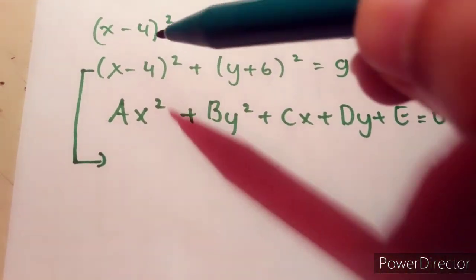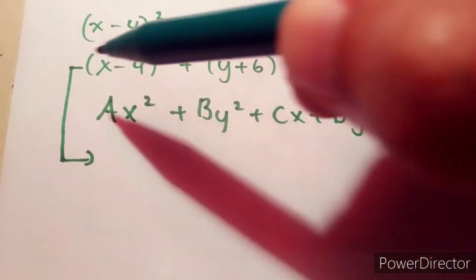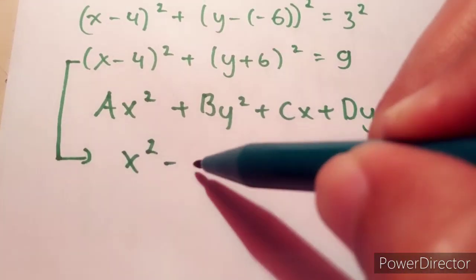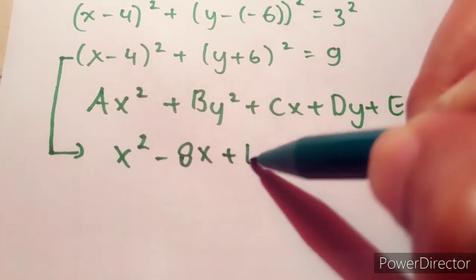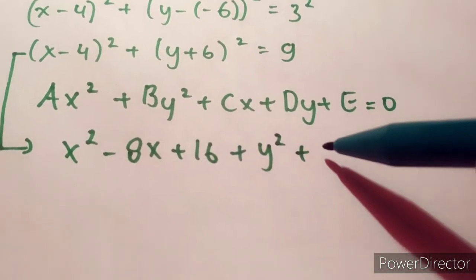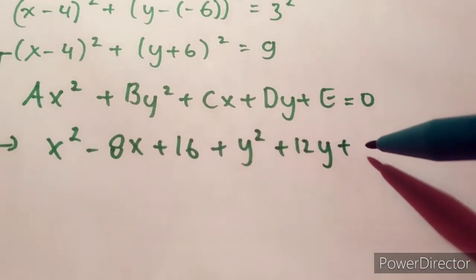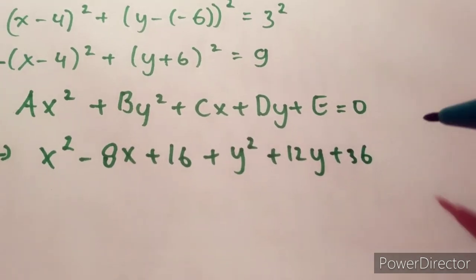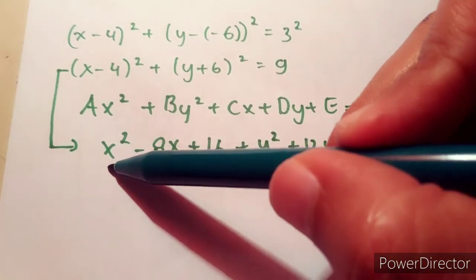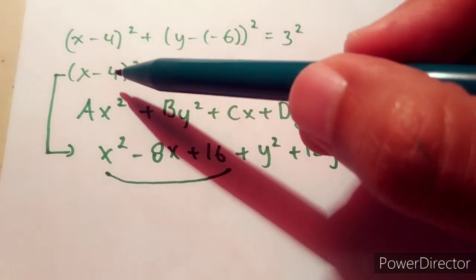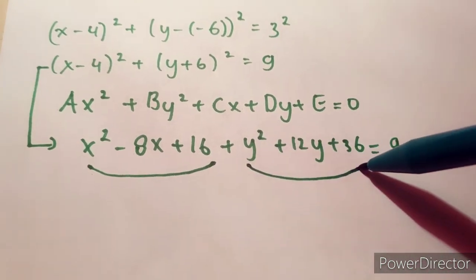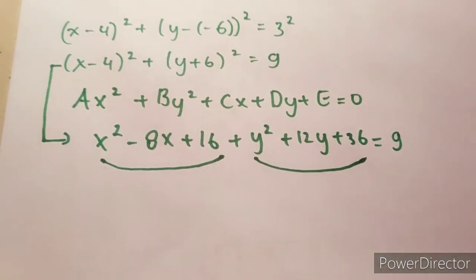The next step is just to expand these squares, and you have x² - 8x + 16 plus y² + 12y + 36 equals 9. The first three terms come from this, and the last three terms come from here.